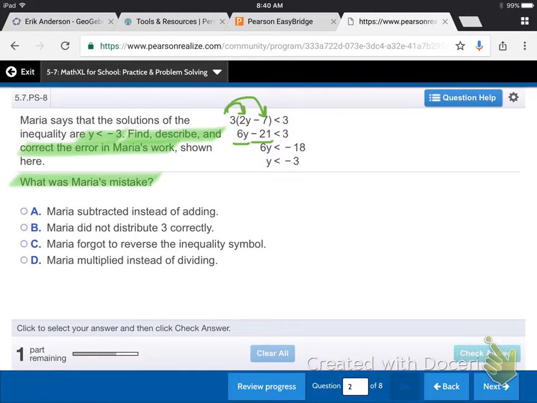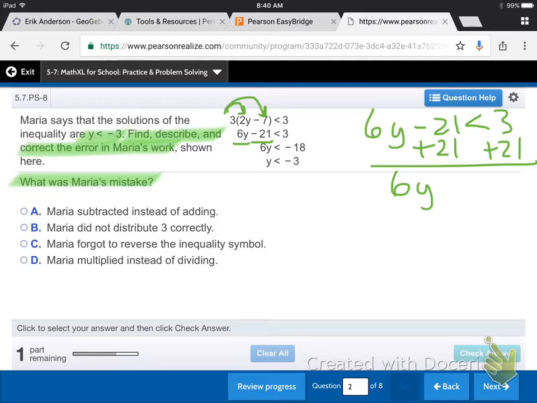So that's all right. But then at that point, if I write down that step of the inequality, 6y minus 21 is less than 3. And then I add 21 to both sides. That leaves me with 6y is less than 24, and you can see clearly that now we know what the mistake is.